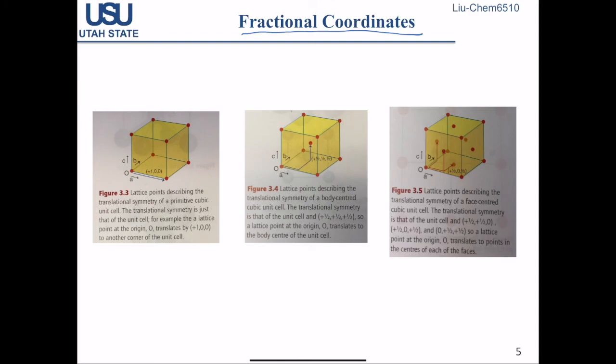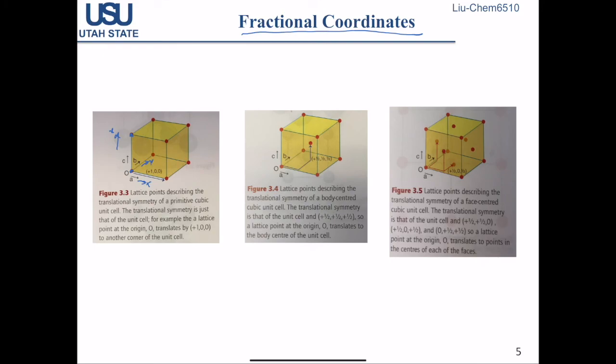For example, if we define here as the origin point, then you can say at each side, we have a, b, c, right? So if we look at the coordinates of this one, because we define the c direction as the z direction, like a coordinate system, a is x, b is y, okay.